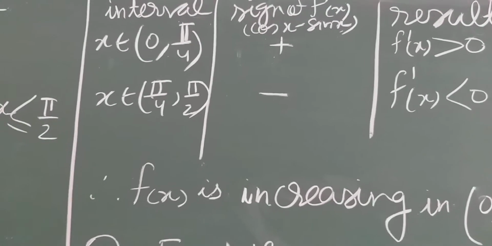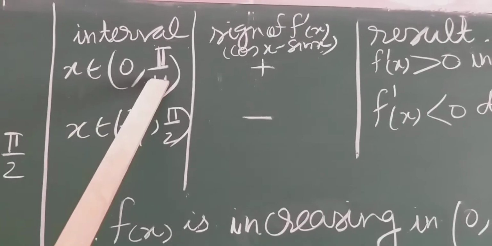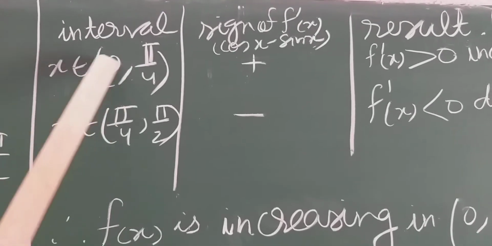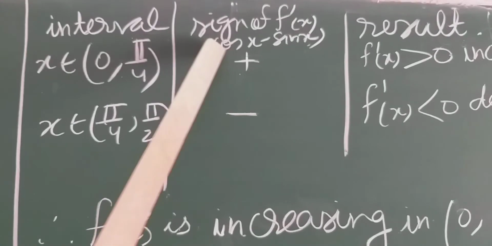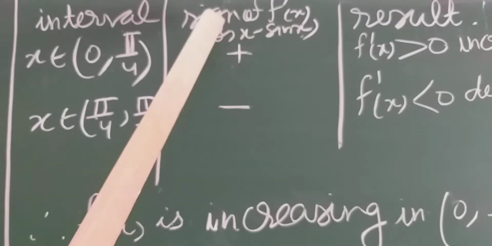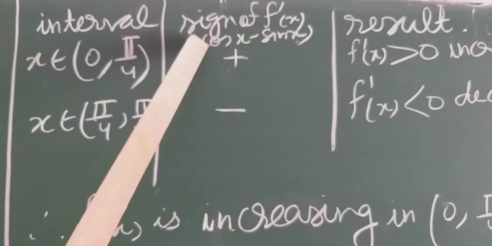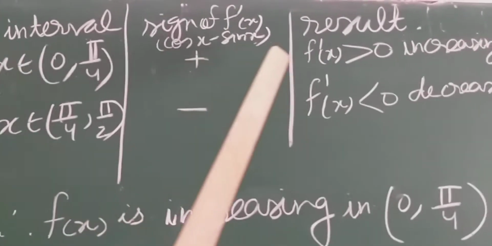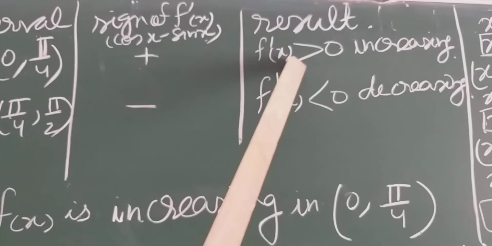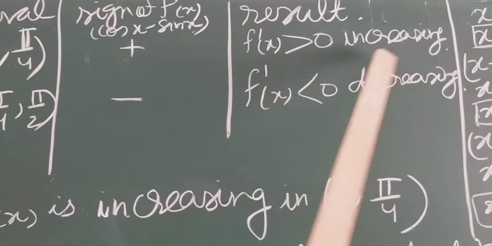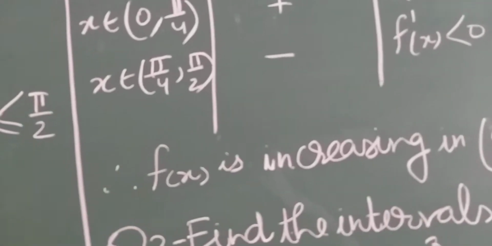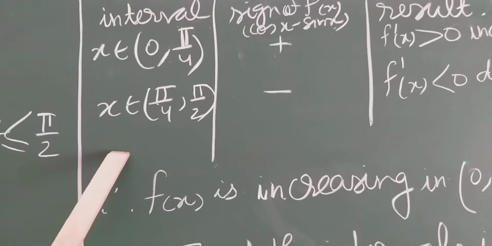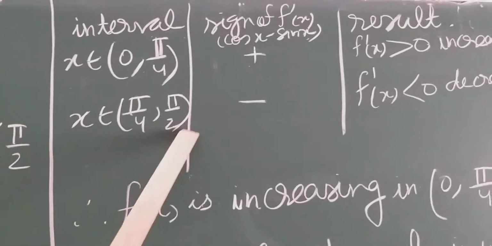You can take any example between cos 0 and pi by 4. If any value is there between them, then cos x is always greater than sin x. So its result will be positive. So here I have written f'(x) greater than 0. Therefore the function is increasing.